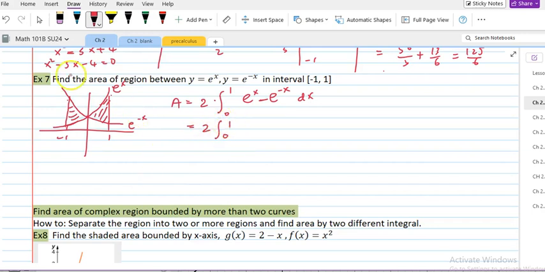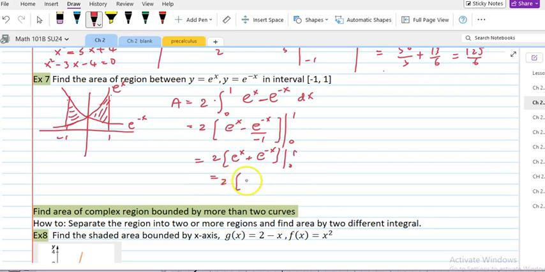Well, we can actually do it right away. We don't have anything to simplify. So that would be 2 times the antiderivative, e to the x minus e to the negative x, but because k is negative 1, you divide by negative 1. So this becomes e to the x plus e to the negative x. So 2 times e to the x plus e to the negative x from 0 to 1.